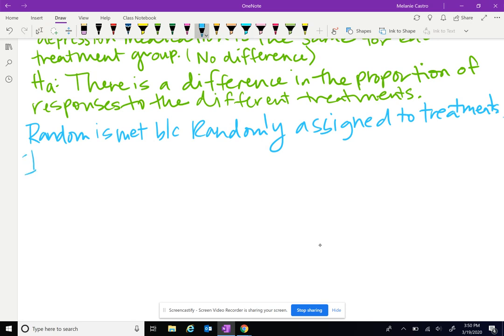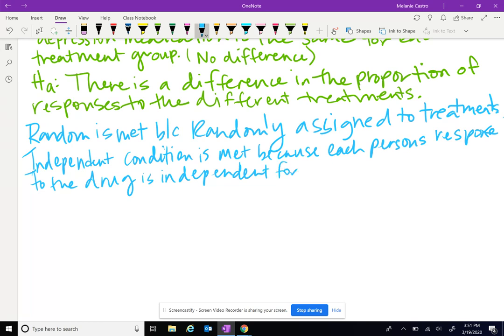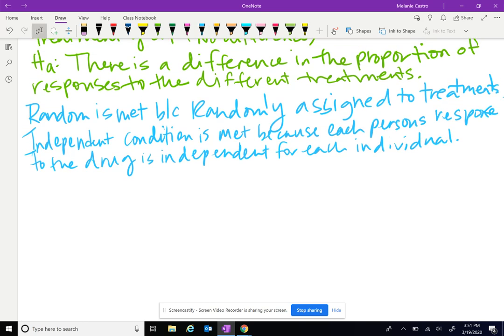For independence, should one person's response to the drug affect other people's? Okay, my depression shouldn't affect your depression, right? Large counts.